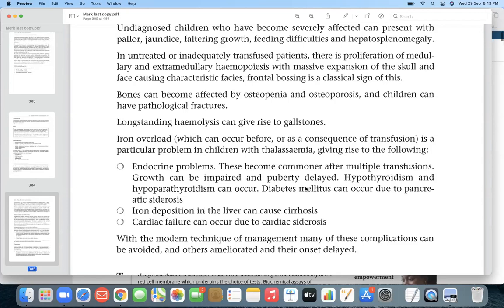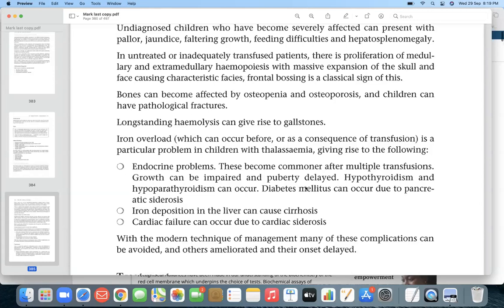As we know, any chronic condition will cause growth impairment. We should remember, there will be short stature showing the faltering in growth. So growth impaired, delayed puberty, hypothyroidism and hypoparathyroidism can occur. Diabetes mellitus can occur due to pancreatic cirrhosis. All these problems are due to iron deposition.